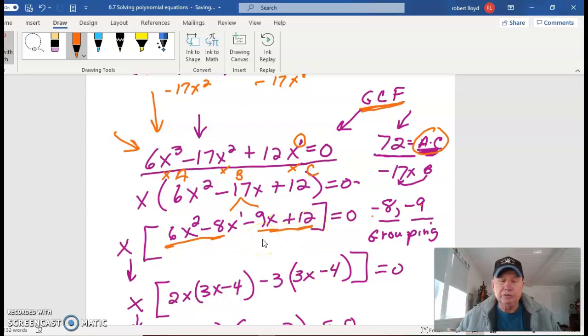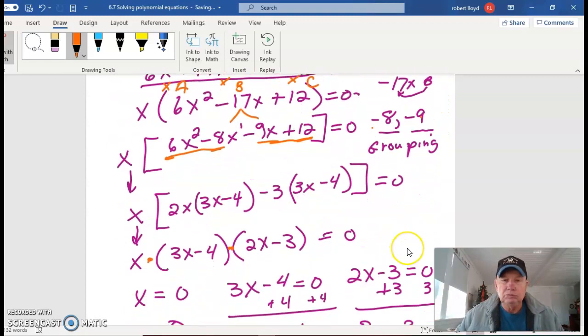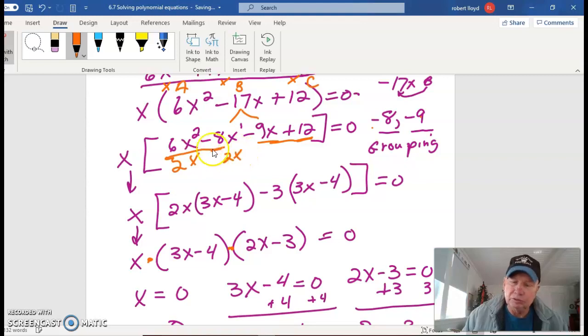So we factor the first two, and we look to see if we can take a number out. So we can take a 2 out. There's a variable in both, so we can take the lowest power of the variable. So when I say take out, meaning divide. So here, when we take the 2x out, we're going to be left with, in the first term, 3x, and in the second term, negative 4.